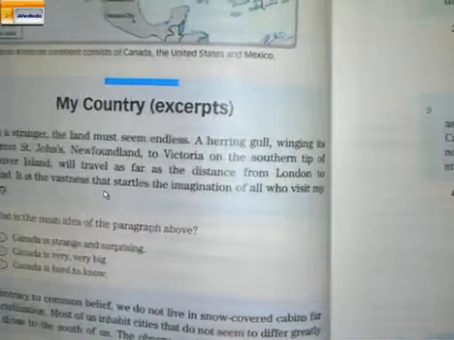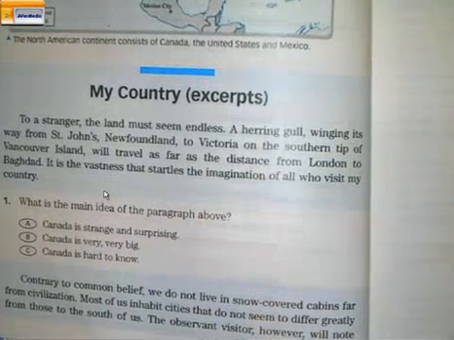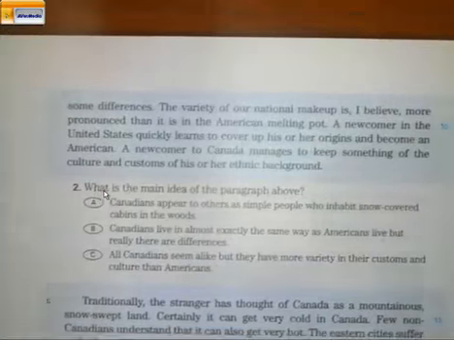Contrary to common belief, we do not live in snow-covered cabins far from civilization. Most of us inhabit cities that do not seem to differ greatly from those to the south of us. The observant visitor, however, will note some differences.